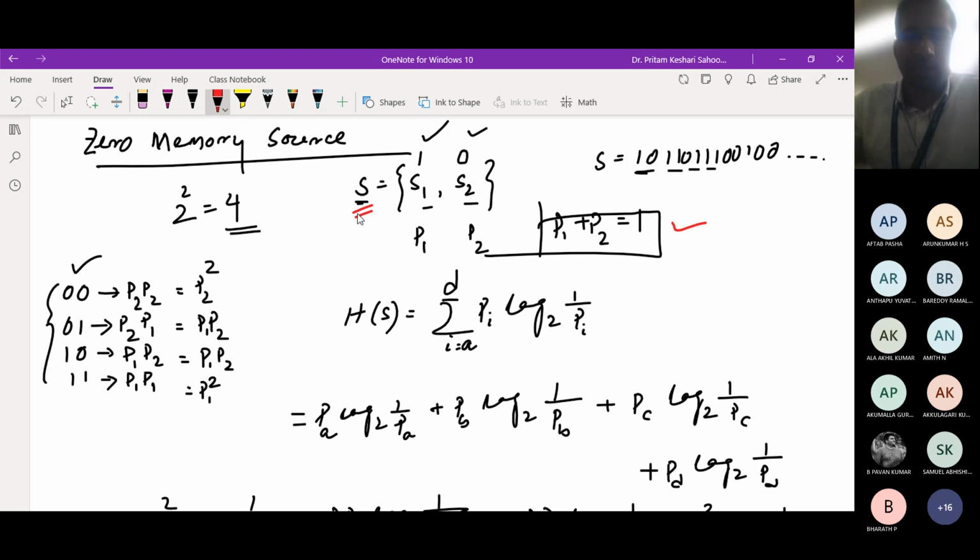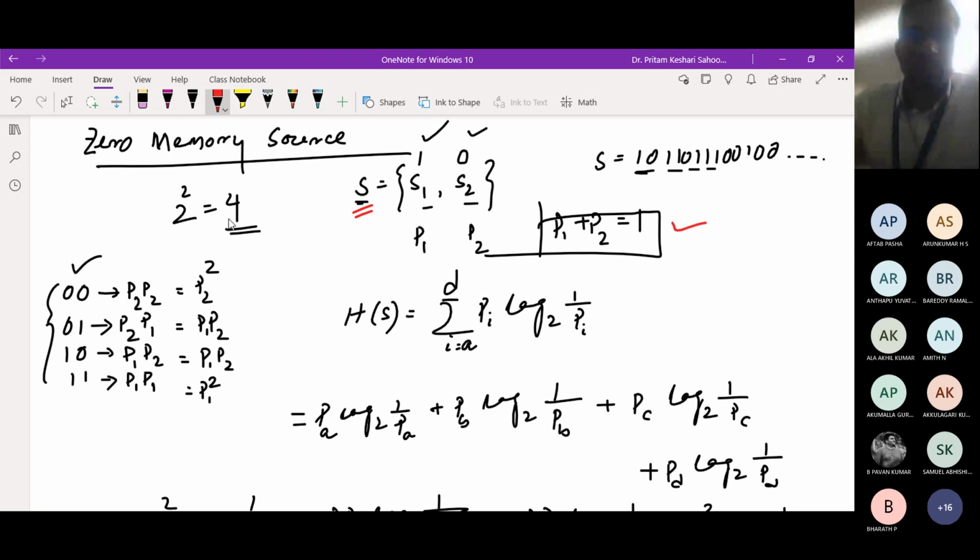Then we obtain the second extension of this source. In the second extension, we take the combination of all the symbols. One possible combination will be 0, 0. Second extension means the number of symbols to the power of the number of extension. The number of symbols is 2 here, to the power of the extension, 2, that is equal to 4.